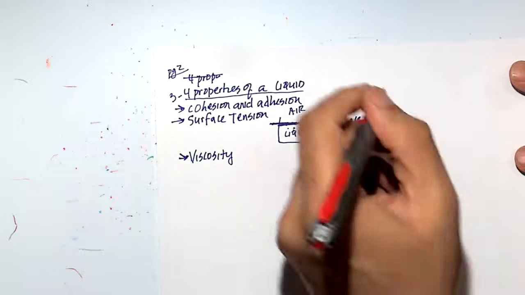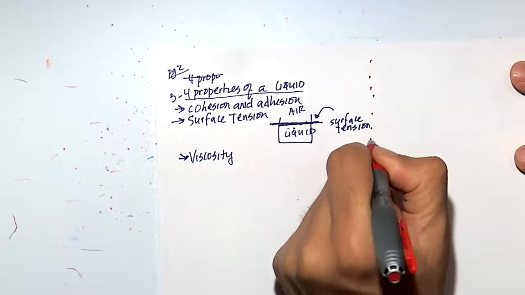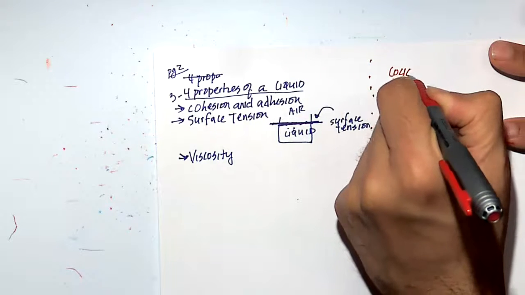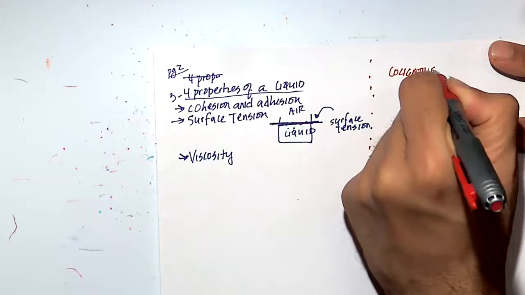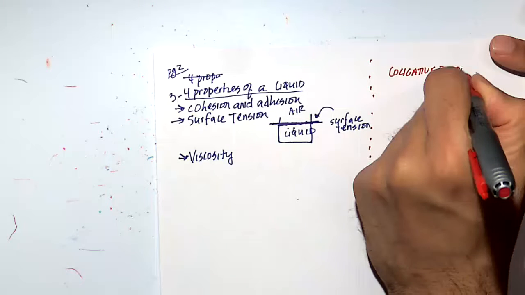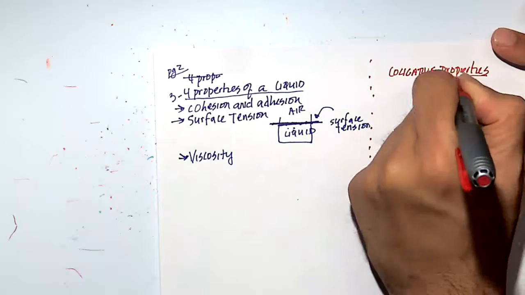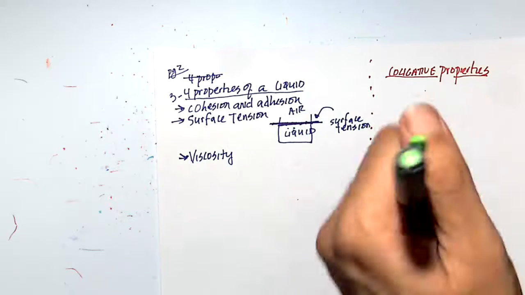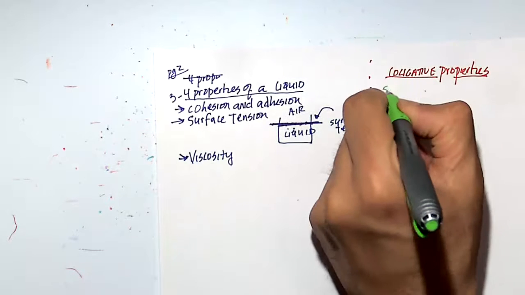All right, how about this one, colligative properties? This one definitely has 4. Can you guys name them? What happens if you add a solute to a solvent? 4 things happen when you add a solute to a solvent.